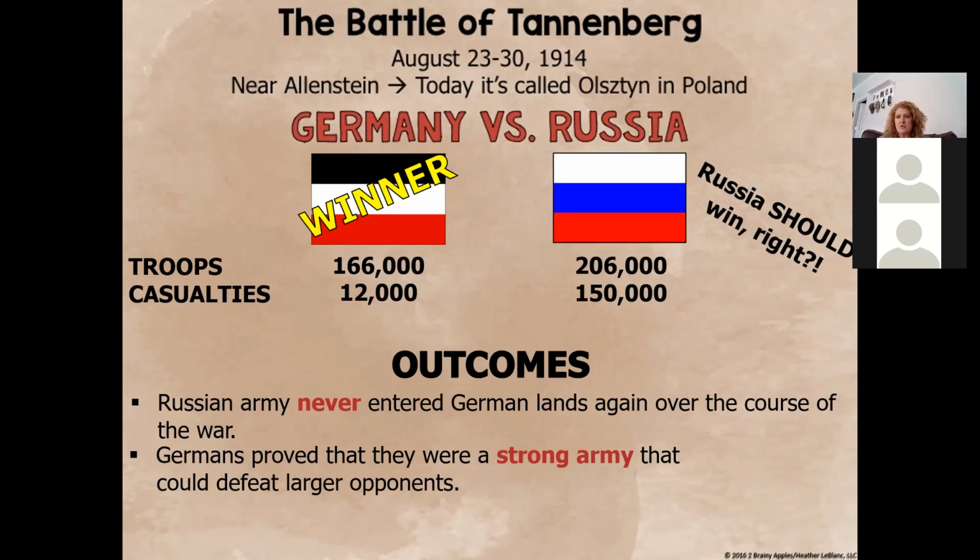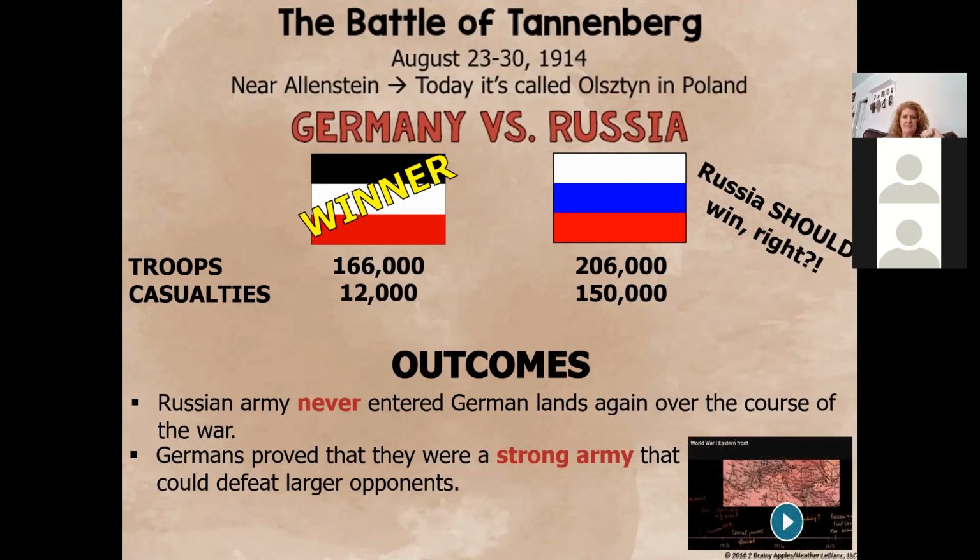So they had built a super strong army, and the size of land that they had, known as Germany, did not make them weaker, because Russia had more land mass.